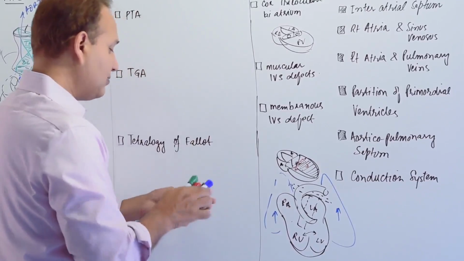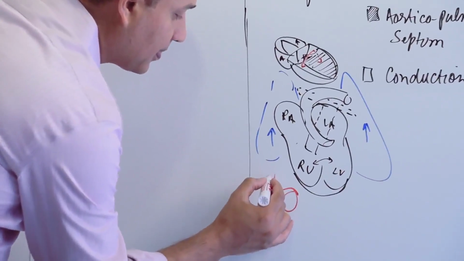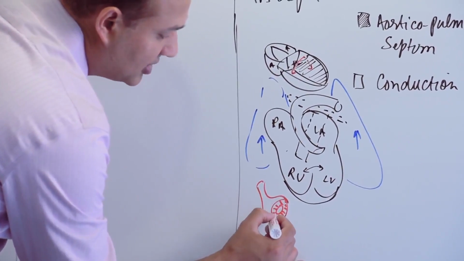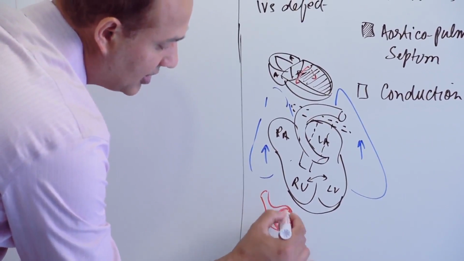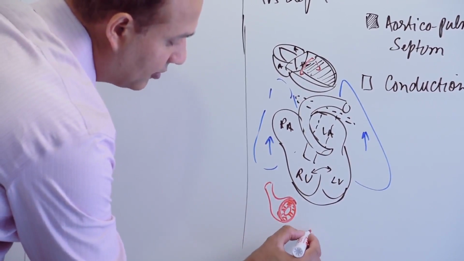If this was the artery, when it becomes muscular and thicker, the tunica media and intima, then the lumen of the artery would become narrow.